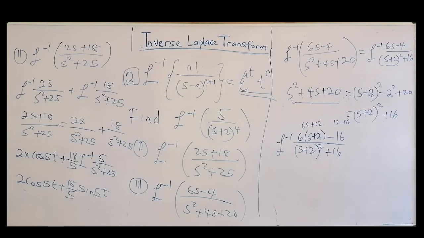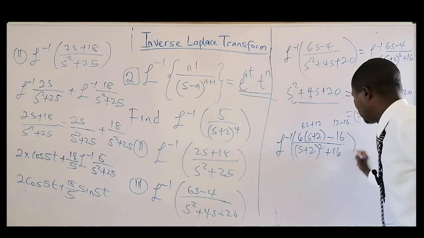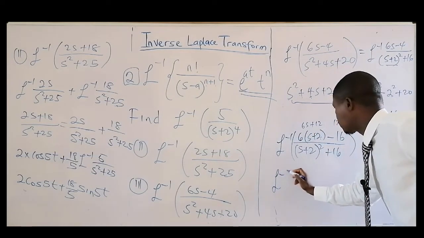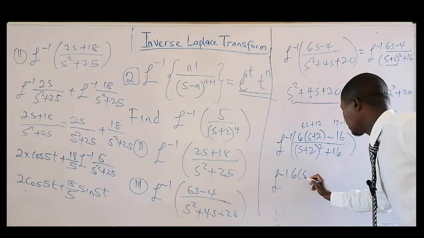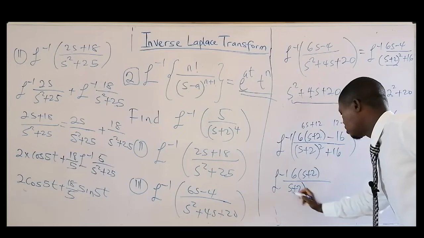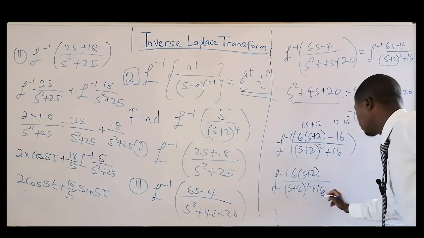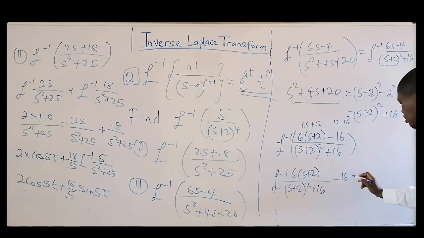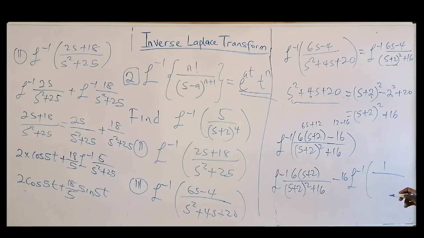And then we can now split the inverse. We can split that, and that will go to inverse of 6 times x plus 2 all over x plus 2 squared plus 16, then minus 16 inverse of 1 over x plus 2 squared plus 16.